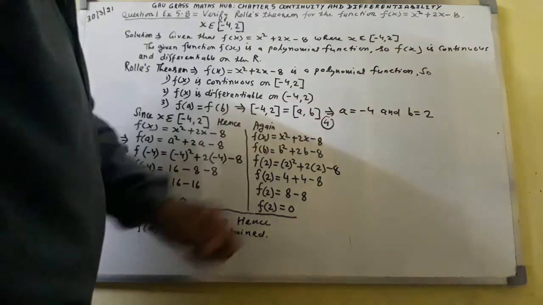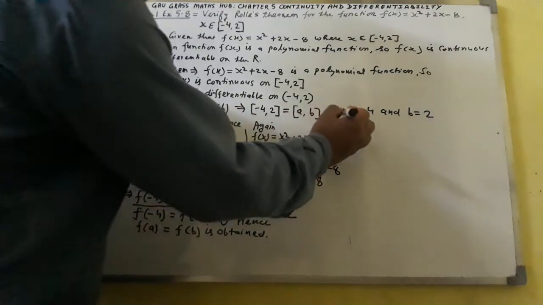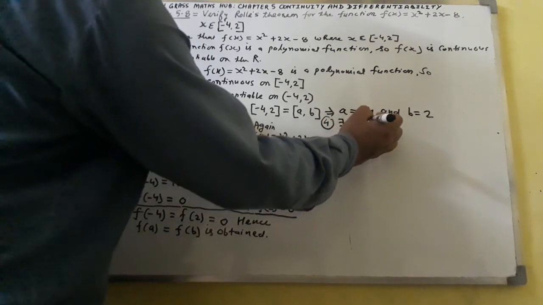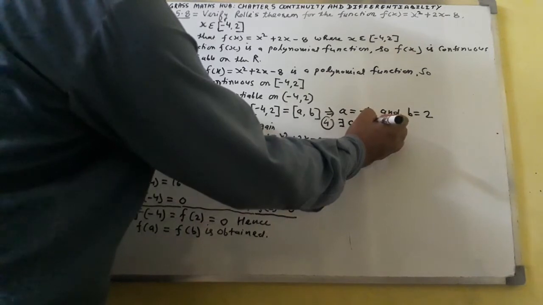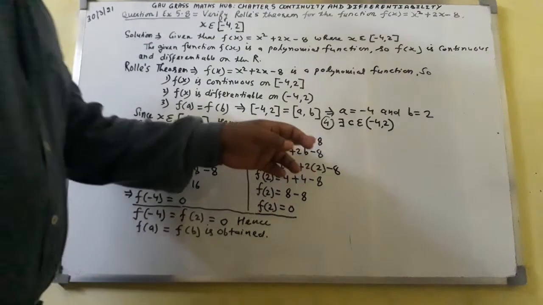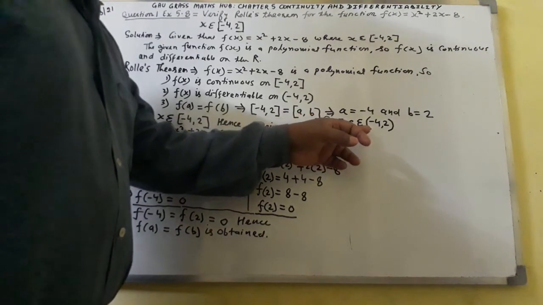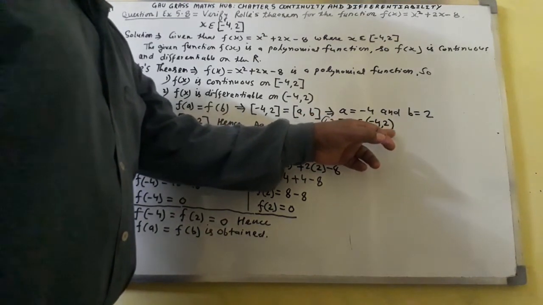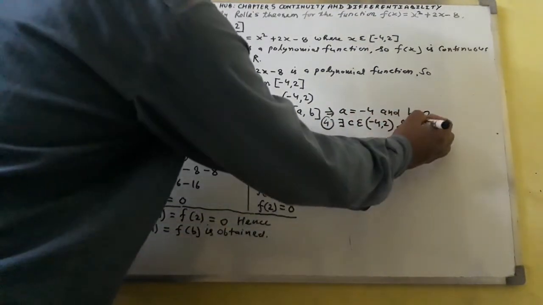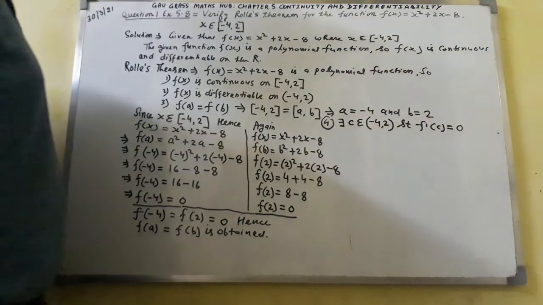So a is equal to -4 and b is equal to 2 we have got. Then there exists c belonging to the open interval (-4, 2) such that f dash c is equal to 0 we have got.